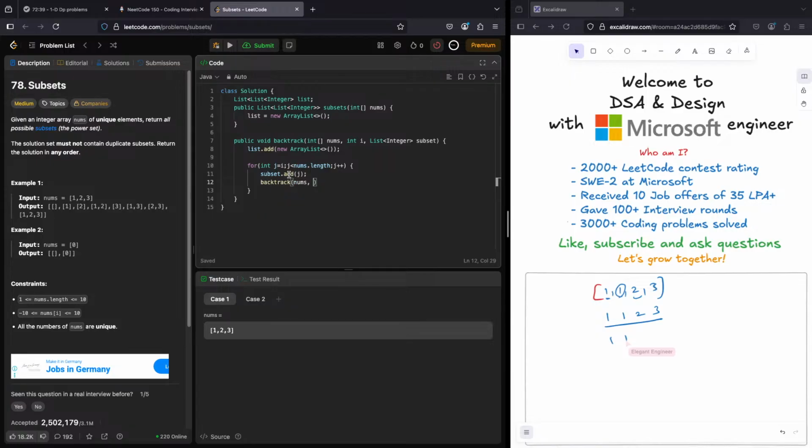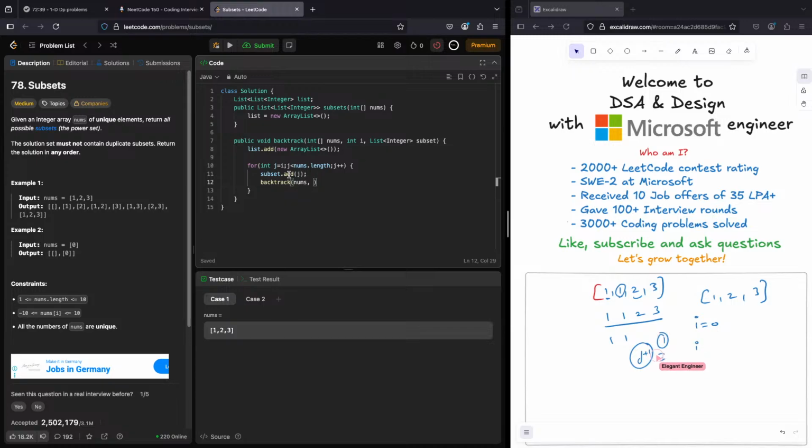Let's take an example of 1, 2, 3 only. First our i is 0, then we added this. In the next call, let's say it will be j plus 1, so that will be 1. Then you'll start from 1 and add that.